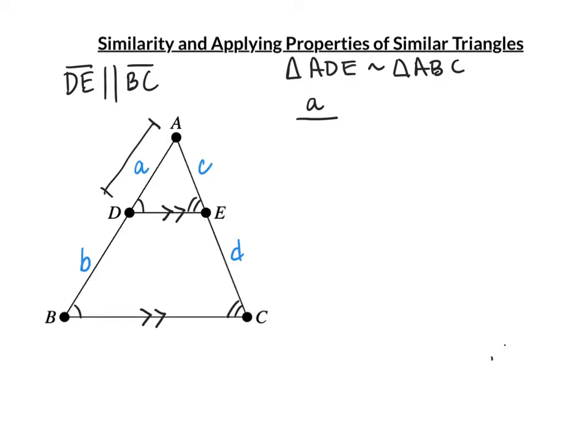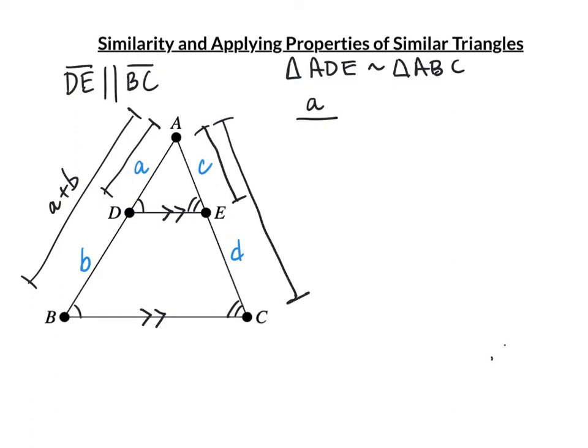This side, that A, corresponds with this whole side here, which is A plus B. And this length, the C, corresponds with this side right here, which is C plus D. So from similar triangles lining up corresponding sides, I get A is to A plus B as C is to C plus D.